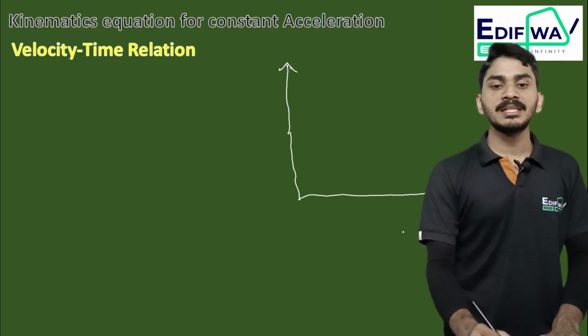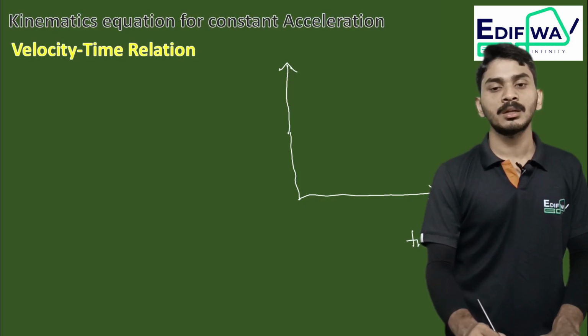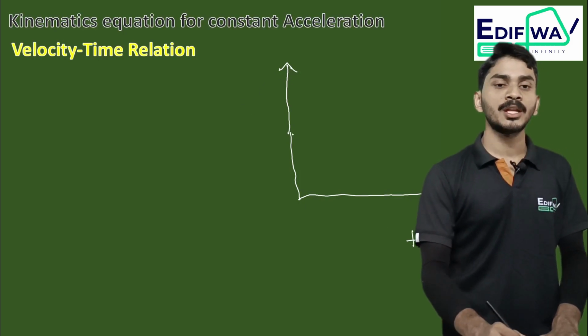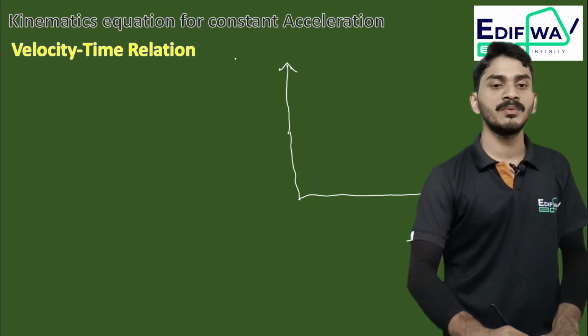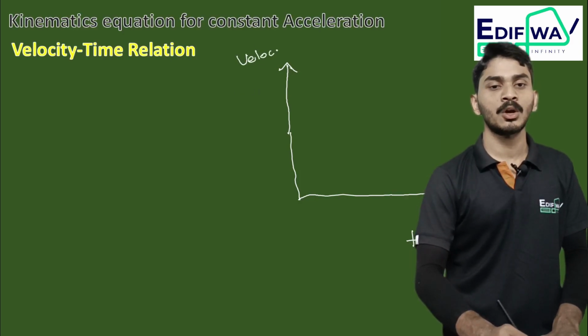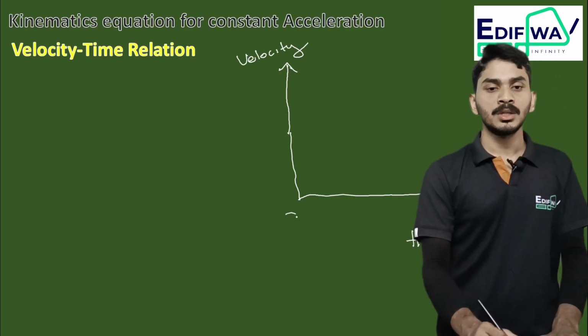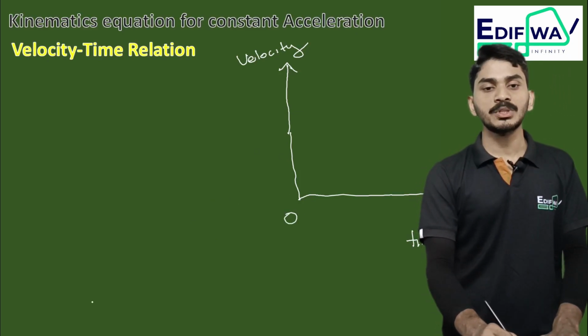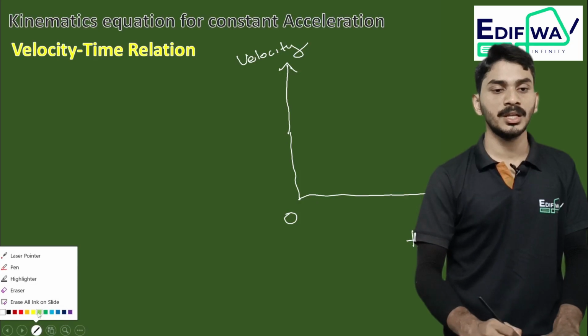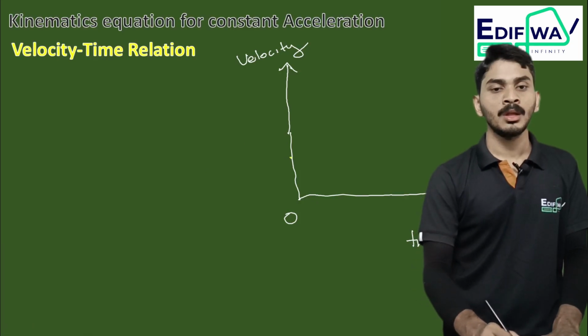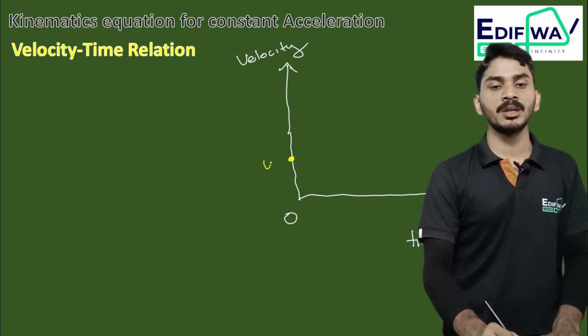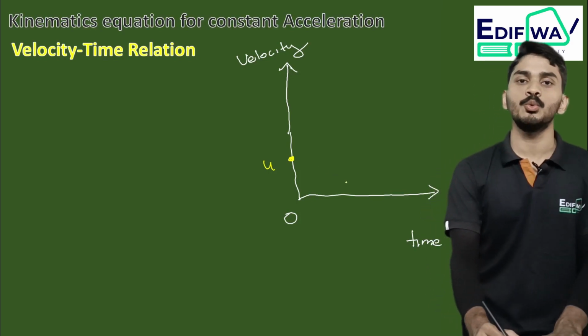On the x-axis we will mark time, and on the y-axis we will mark velocity. Now this is the origin. Suppose initially the body is moving with a velocity u.